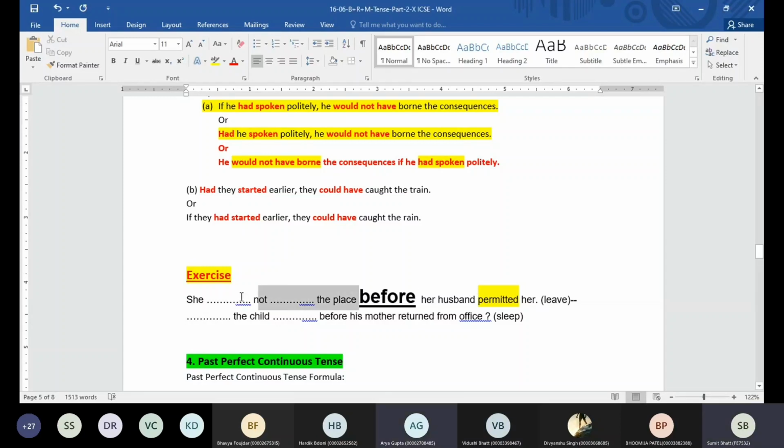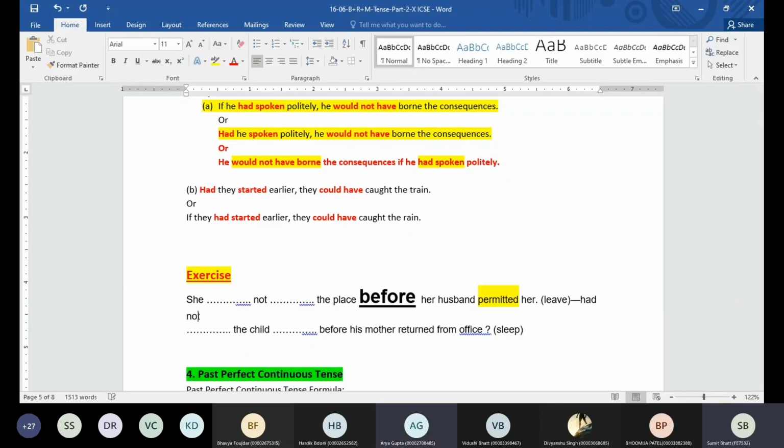So we have to use a tense for the first action. What I'm going to use? She did not leave the place or she had not left the place. What is going to be correct? Had not left the place is going to be correct. Okay, guys, so this is how we are going to identify the thing in the tense related exercise.